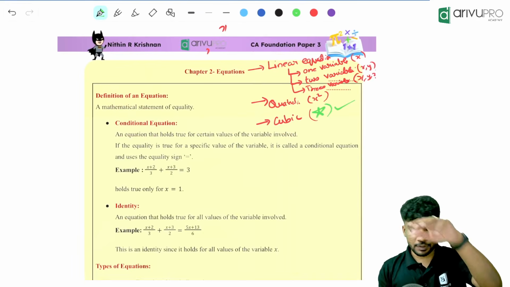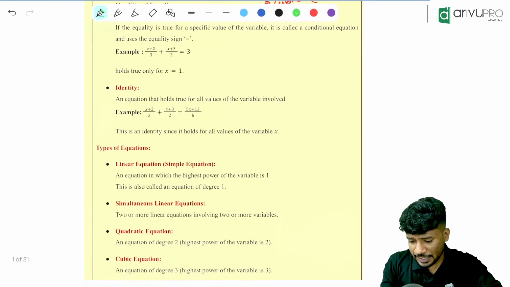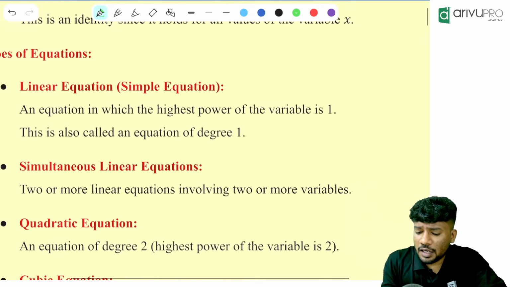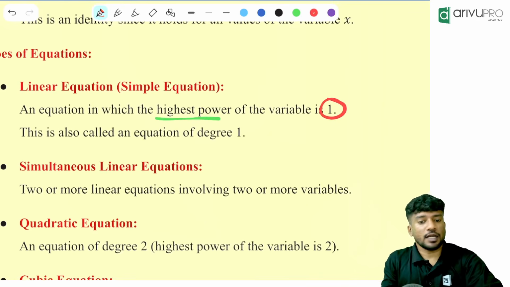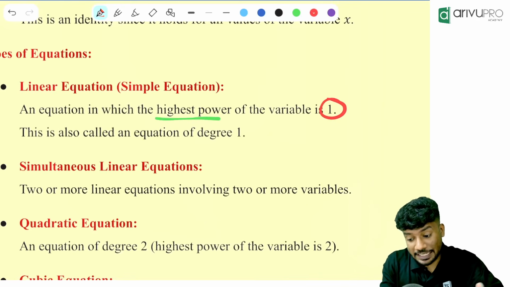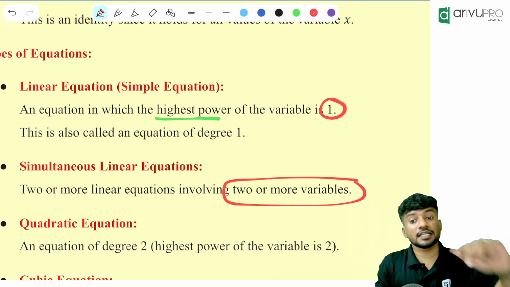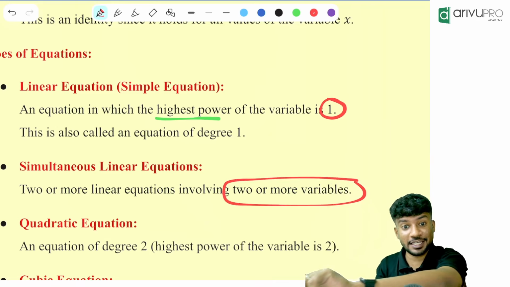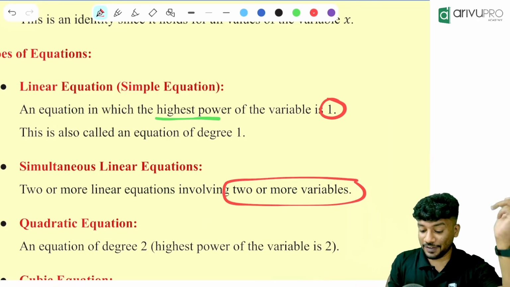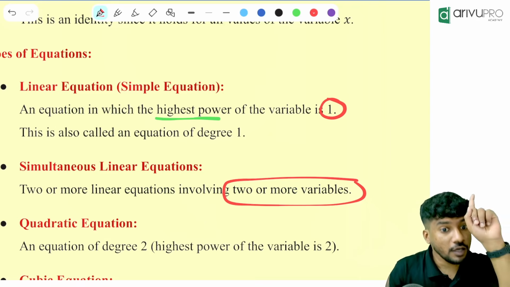First of all, I want to tell you, in a linear equation the highest power of the variable is how much? 1. If it is a linear equation in 2 variables, what is the highest power over here? 1. Power is always 1, linear. Then 3 variables means how much will be the power? 1.